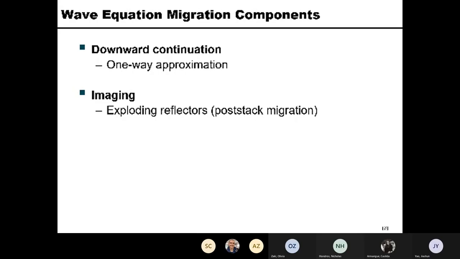In the migration concept, each point in your reflector is a virtual source. For example, you have a source point here, and if I measure here, you receive the wavefront. But if you move your receiver plane towards your source, which actually is not a source but a reflector, you gradually focus to the reflector point, right?